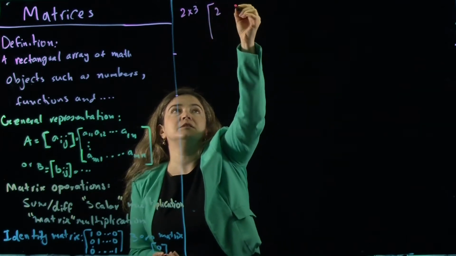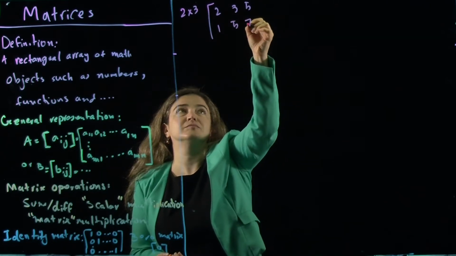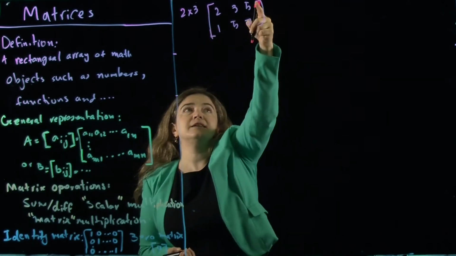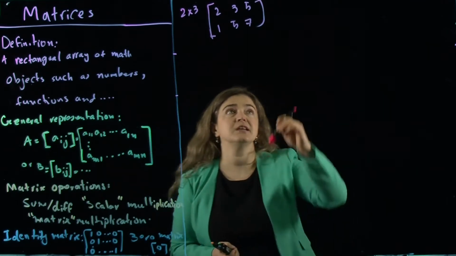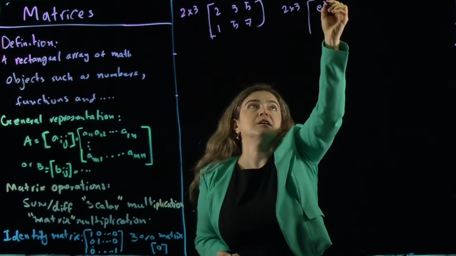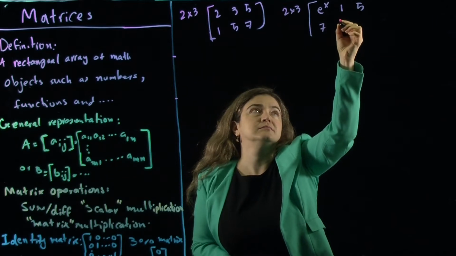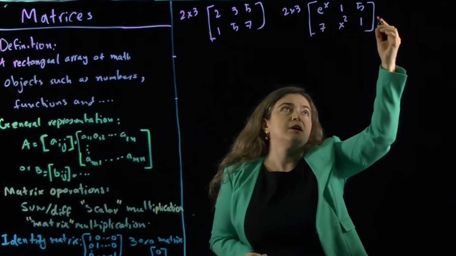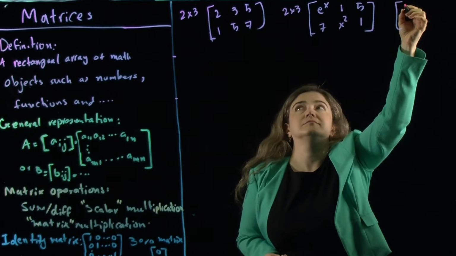And it could be a matrix looking like that. If you look at this, I put it in between brackets. That's another notation that we use with matrices. I could have a 2 by 3 matrix that looks like this, or I can have a 2 by 3 matrix that looks like this.